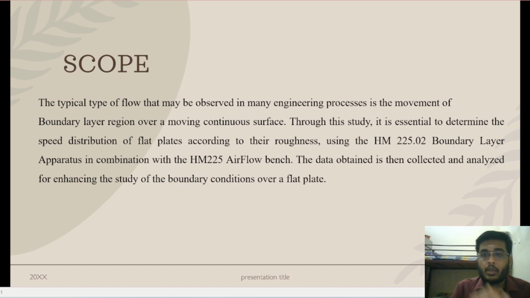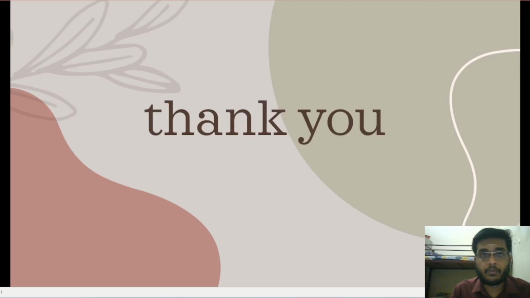We used the HM225.02 boundary layer apparatus in combination with the HM225 air flow bench, and the methodology and procedure will be explained by my other group mates. The data obtained is then collected and analyzed for enhancing the study of the boundary layer conditions over a flat plate. So that's all for now.